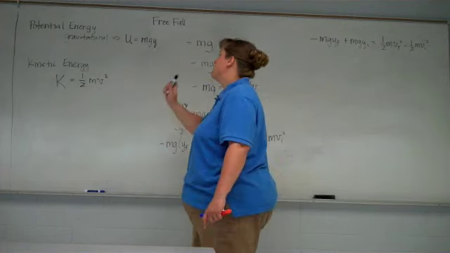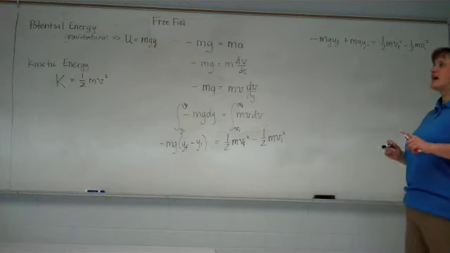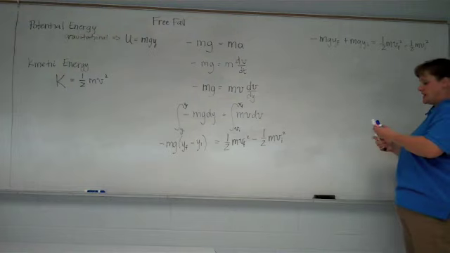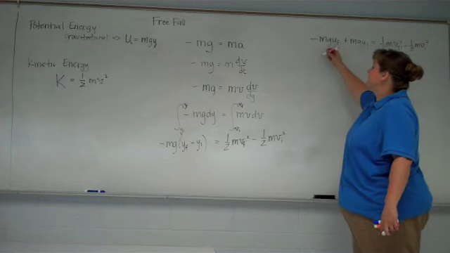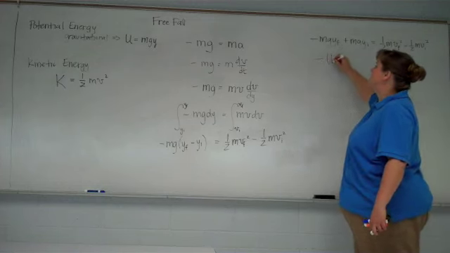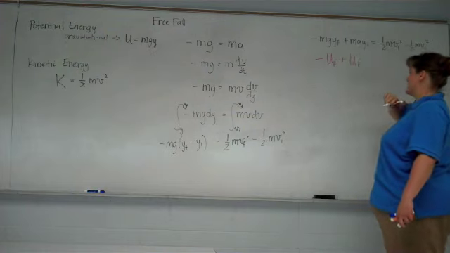Okay? In the case of free fall, where we only have gravity acting on an object, it turns out this is negative final potential energy plus initial potential energy.